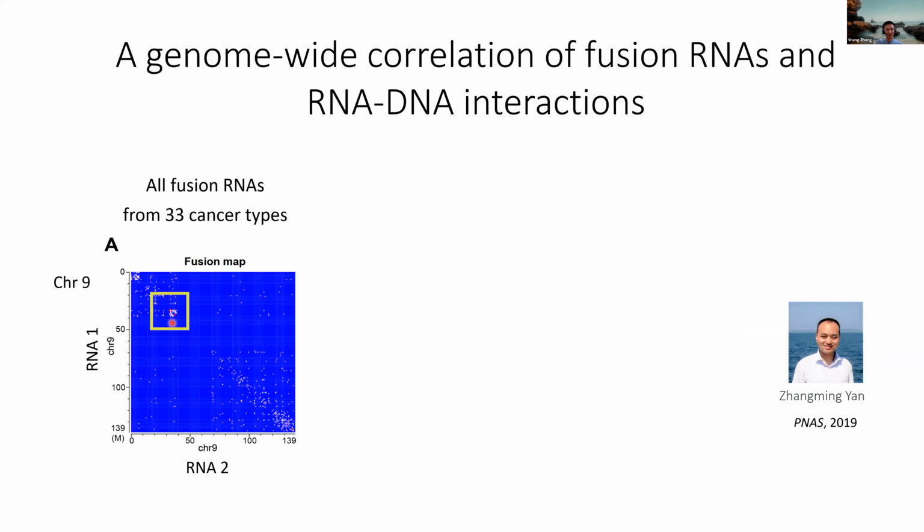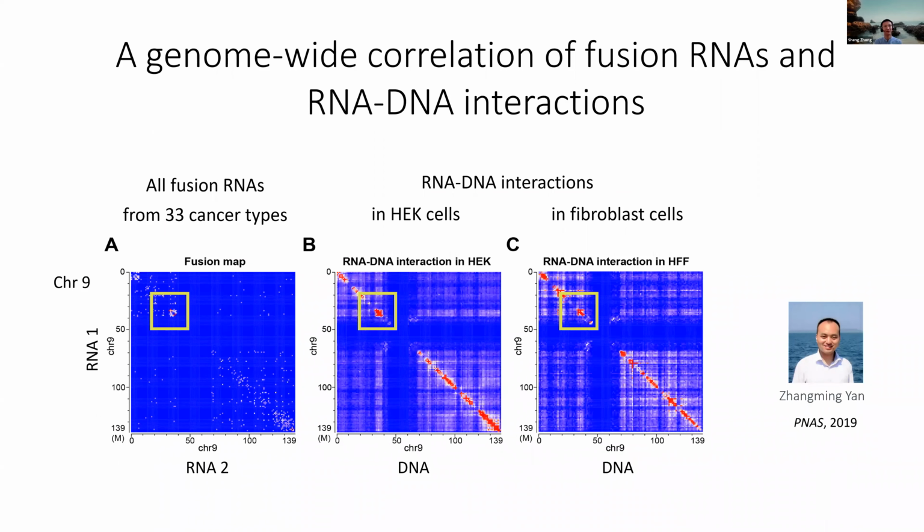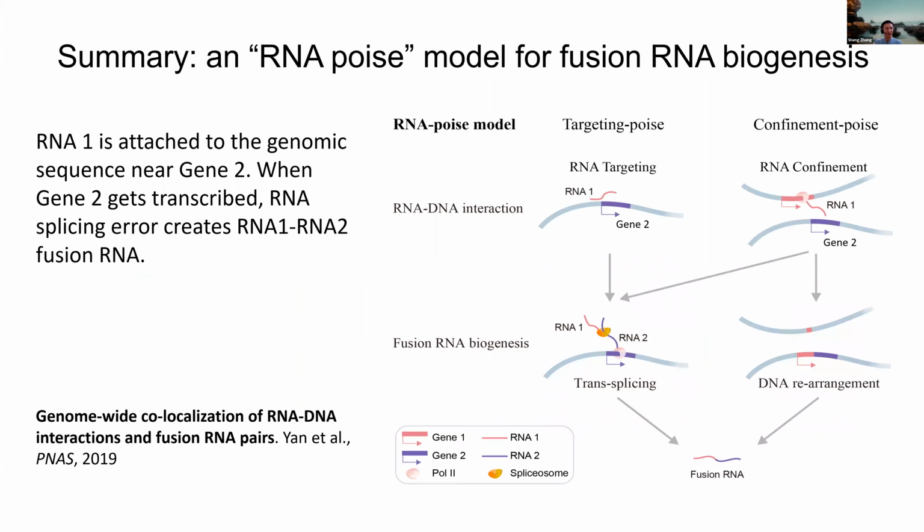We see that there's more fusion in this region, which spans several megabases. There are some fusions here as well. If we were to then plot in parallel the genome-wide RNA-DNA contact maps in different normal cell types, we actually see a global correspondence between where there's a lot of RNA-DNA interactions and where fusion transcripts in different cancers tend to occur.